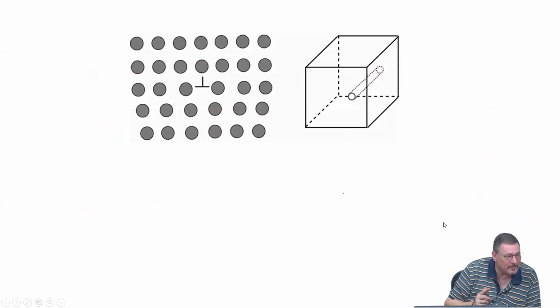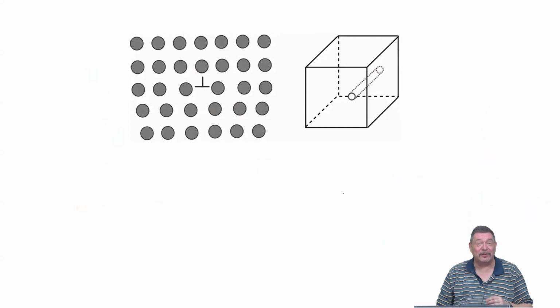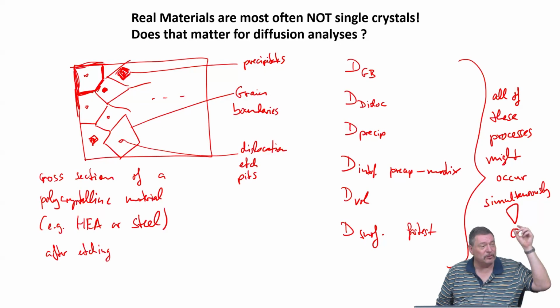Excuse me? Yeah, this is now a good question, and a question I couldn't answer because it could be that diffusion in the volume of the precipitate could be faster or slower than the diffusion in the volume in the matrix.